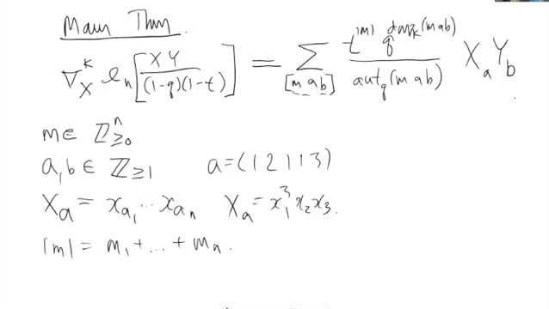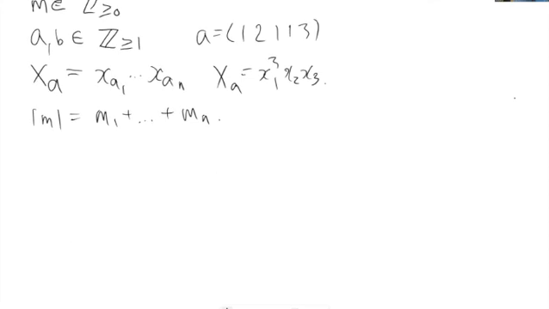Now what's left is to explain what I mean by these brackets. What is this automorphism factor and what is div? Maybe I'll stop and do an example.